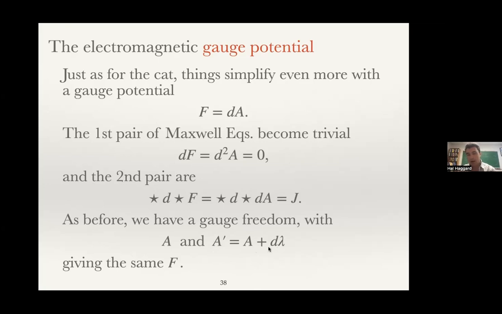But now it's just immediate, right? F is going to be d of this, and the dA is there, and the d squared lambda is 0. And so it gives exactly the same field strength and will satisfy exactly the same equations. So in this differential form language, where lambda is a function of x mu, the gauge freedom is the differential of that function lambda.